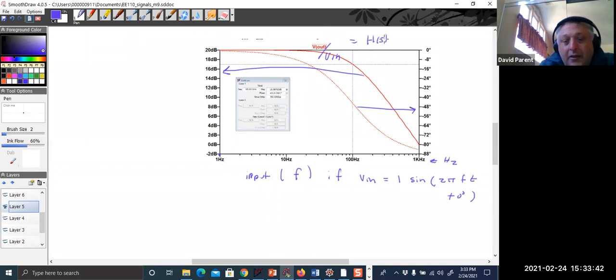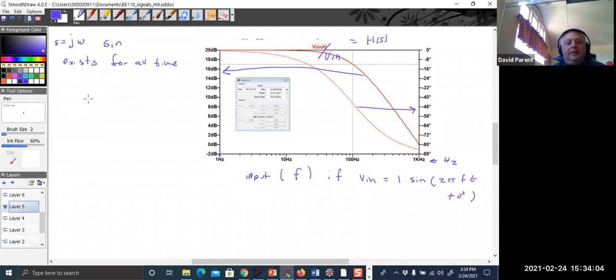So this Bode plot is s equals j omega, and that means everything is a sine wave for all time, because we're going into Fourier analysis.